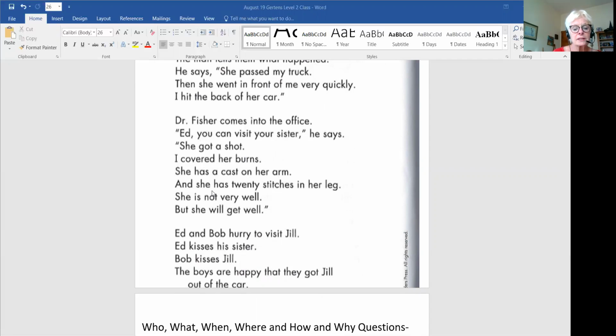She is not very well, but she will get well." Ed and Bob hurry to visit Jill. Ed kisses his sister. Bob kisses Jill. The boys are happy that they got Jill out of the car.